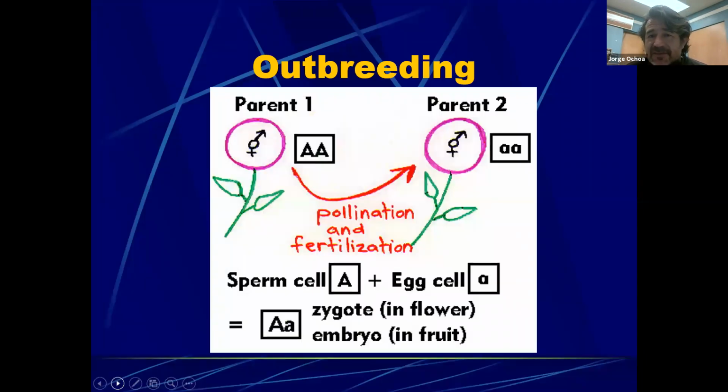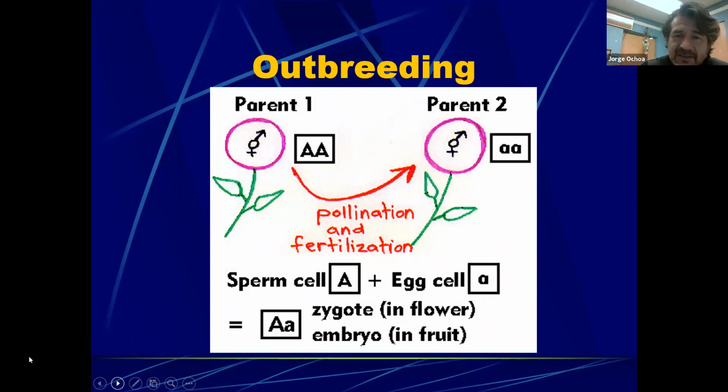And so one of the first types of crossing is going to be the outbreeding, where the pollen from a different individual, a different plant, is going to be delivered to the stigma of a second plant. And so this is what many plants will do. And plants have taken steps into ensuring that they get the pollen from a different individual.